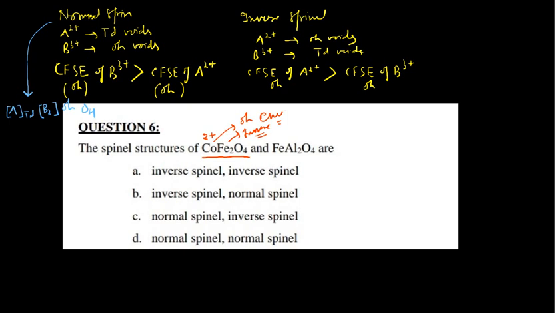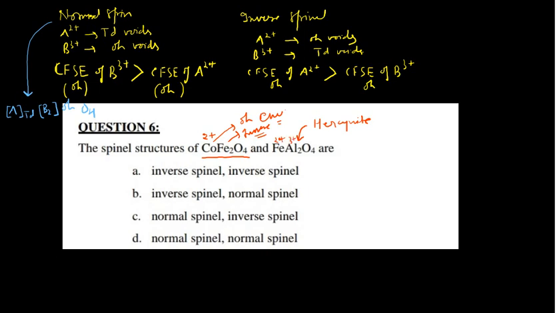Now moving to the next one. This is actually a very special example, an exception. This is hercynite. In this spinel, compare Fe2 positive, which is 2 positive, and aluminium, which is 3 positive.